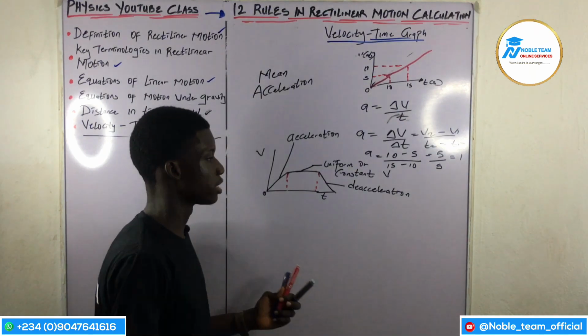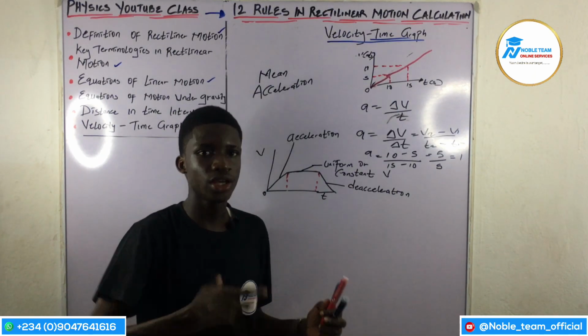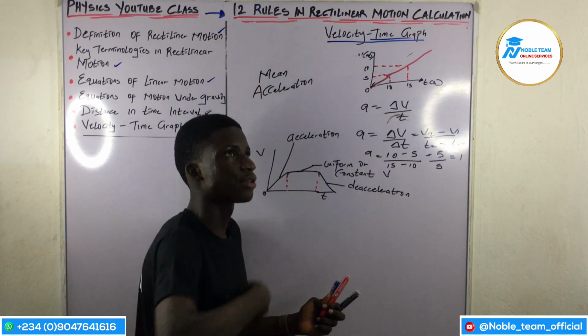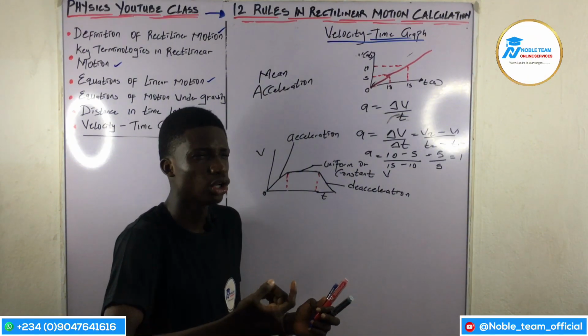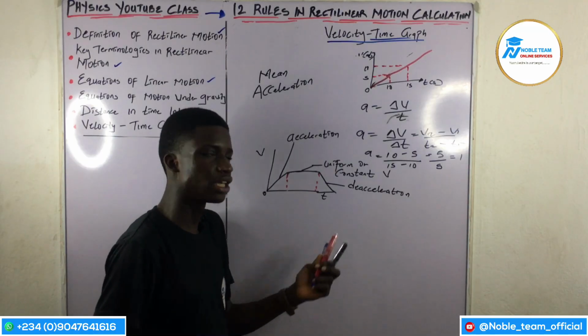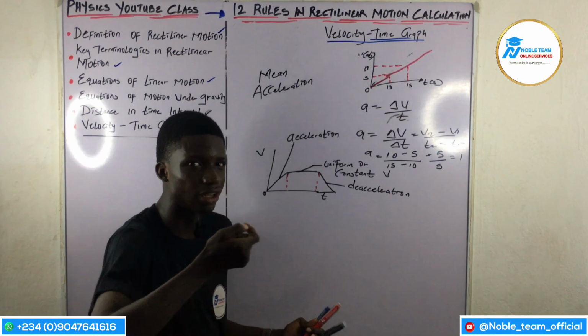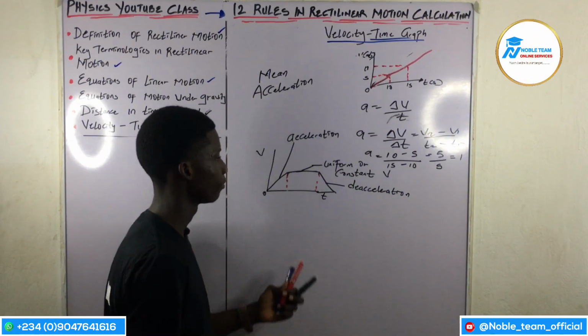Now let me give you the last rule, because when we start solving questions, we solve up to 8 questions in this VT graph. I want you to understand this VT graph fully, because it is very, very crucial.